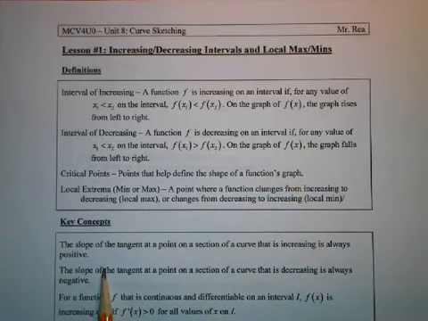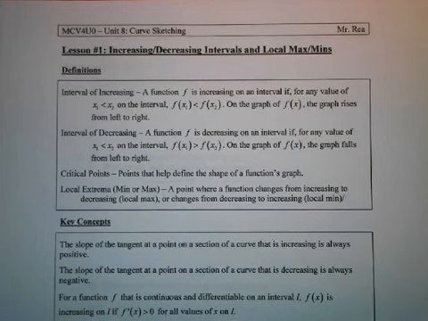So what we're going to be doing is finding where these functions are increasing and decreasing, and we're going to break that down into, first of all, finding where the slope of the tangent is 0, and then testing the slope of the tangent to the left and right of those critical points.